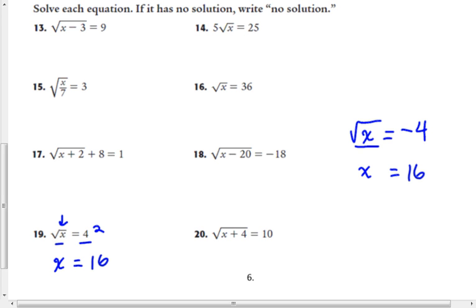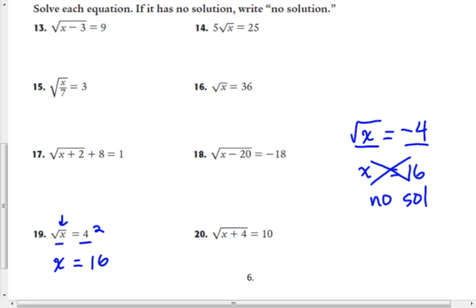The positive square root of 16 is not -4. It's actually +4. So this solution doesn't work. And so when you're trying to make the square root a positive square root, remember, it's a positive square root if there is no sign in front of it. It's a negative square root if there's a negative in front of it. If you're trying to make that equal -4, that can't happen, so there's no solution.